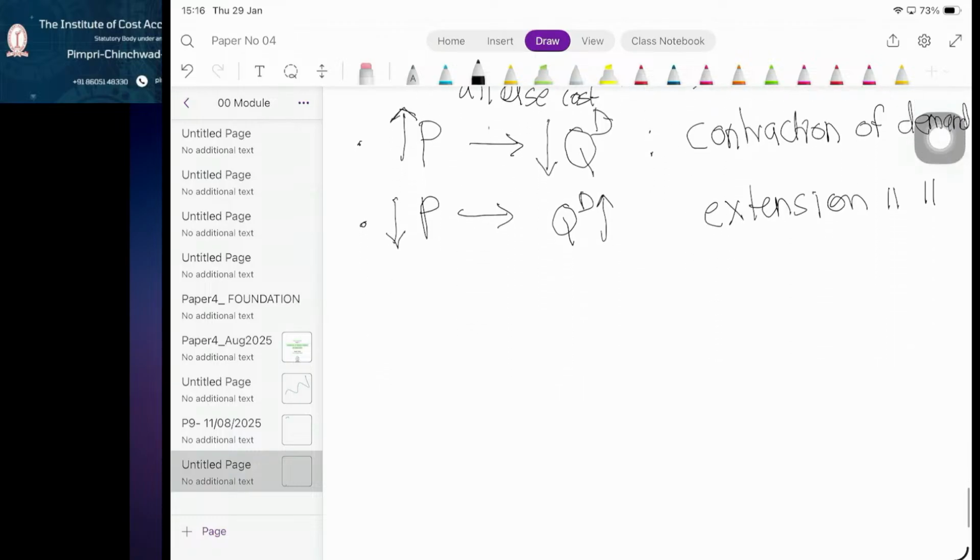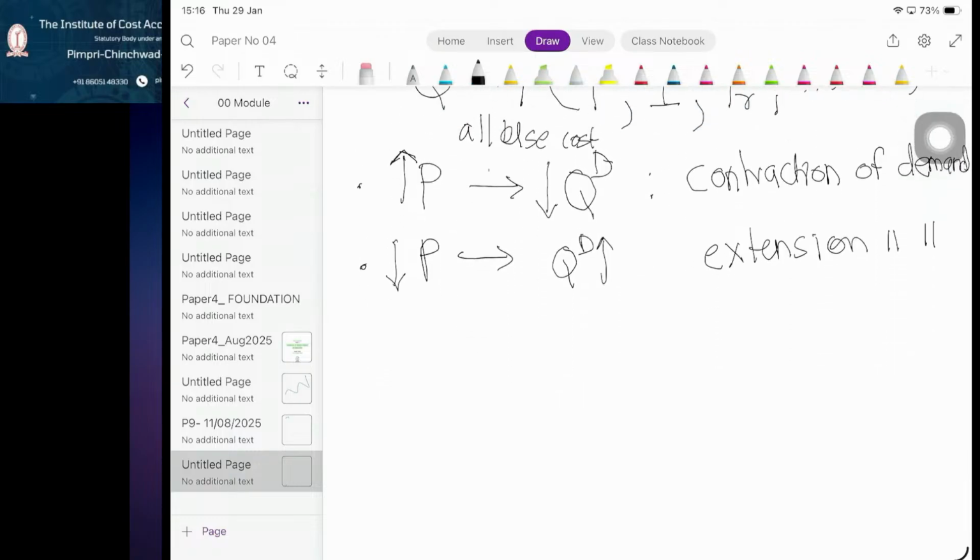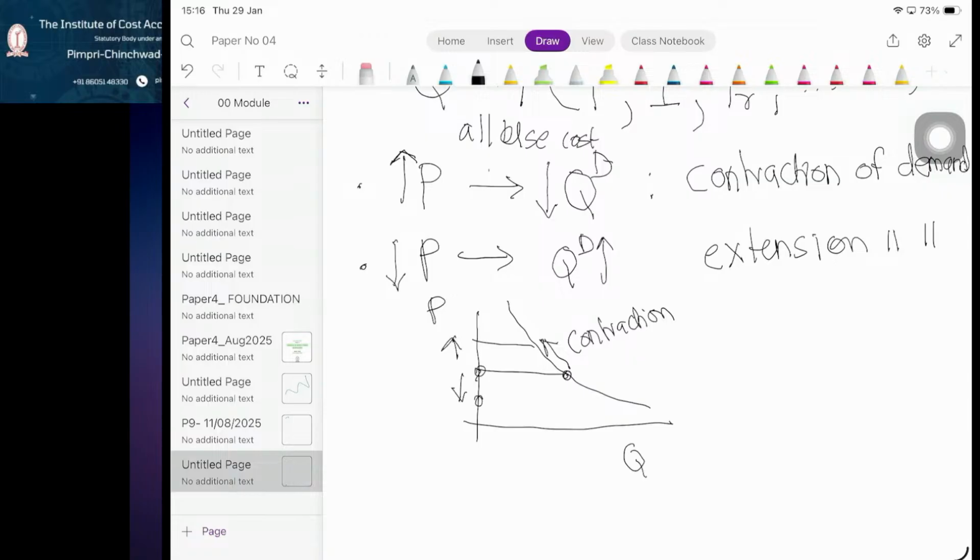And you know that this thing can be shown with the help of our diagram. Price and quantity demanded. We have a downward sloping demand curve. On this demand curve, if there is any increase in price, this movement is called contraction. And if price were to fall, say from here to here, then this change is called extension.